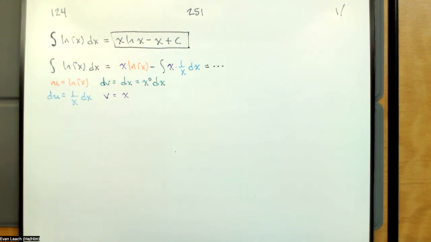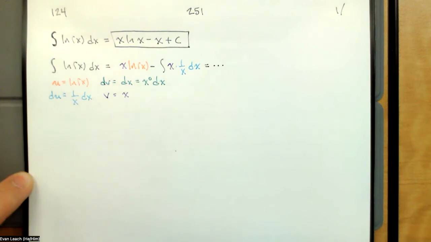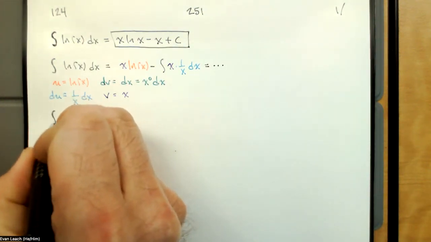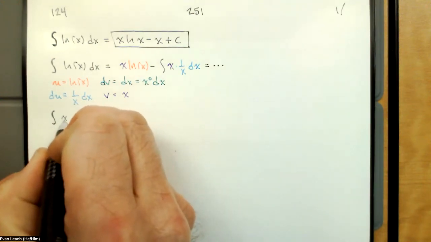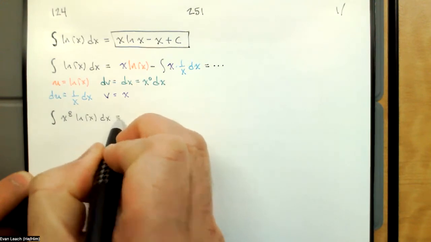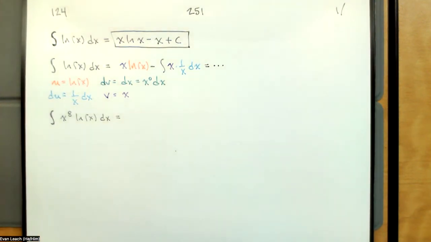Because notice that just having dv equal 1 times dx, we're thinking of this as dv equals x to the 0 times dx. And we also know that if we have some power of x with the natural log of x, say, x to the 8th natural log of x dx, all that happened is the exponent went up by 1 and then started making some fractions.